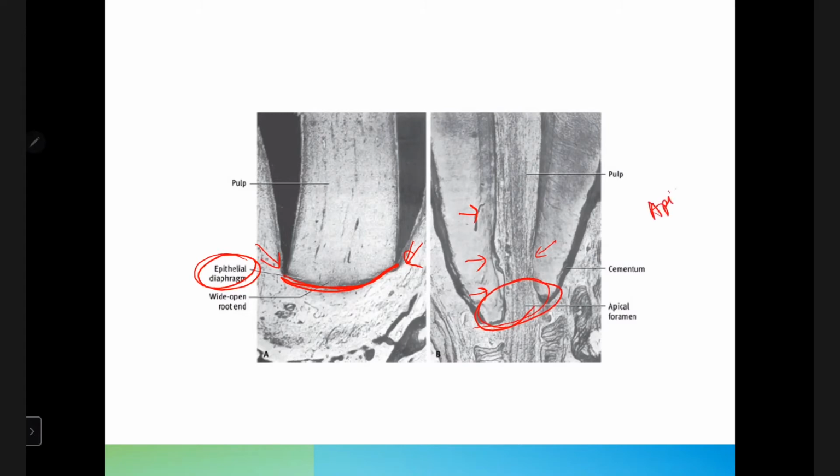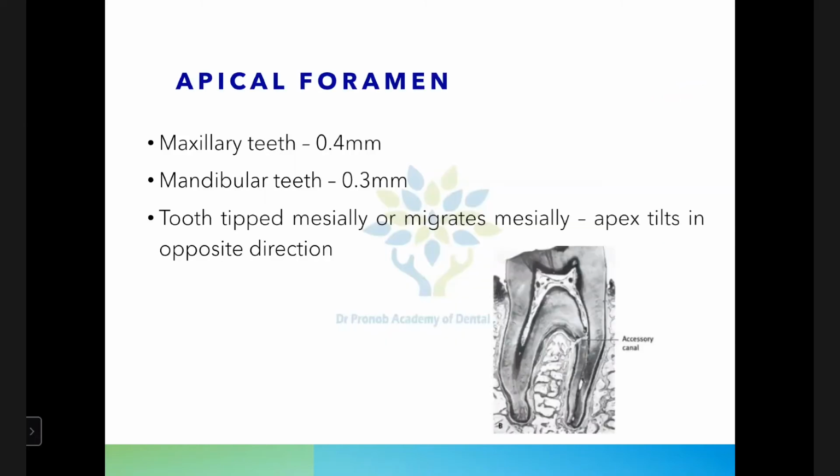Because of the dentine deposition and the apical cemental deposition, the apical end of the root is becoming narrower. As the growth proceeds, more dentin is formed, and because of the apical cemental deposition also, the radicular pulp is becoming narrower.